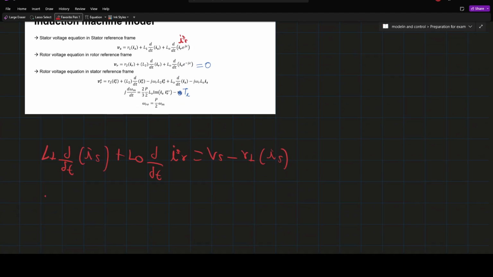We are gonna do it for this one because it's in the stator reference frame, so we can do arithmetic with this one. So let's start with the one where we want IS. IS is right here. So L0 di/dt of IS plus L2 di/dt of ISR.